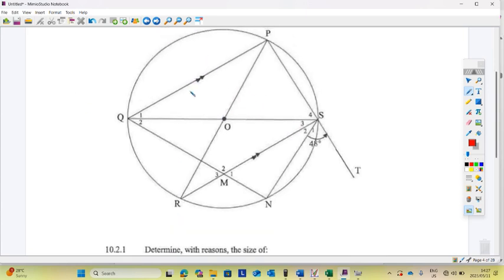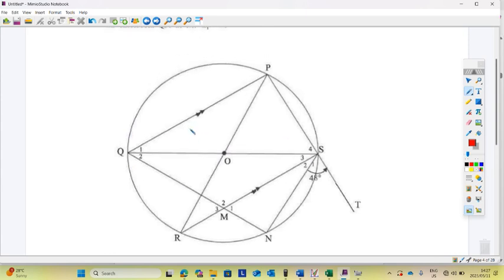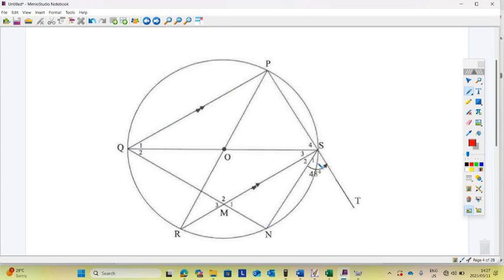All right. For Q1, we have cyclic quadrilateral PQNS. And we have this angle here. This is an external angle of a cyclic quadrilateral. It is equal to the opposite interior angle of a cyclic quadrilateral. So we are saying here S1 is equal to NQP.